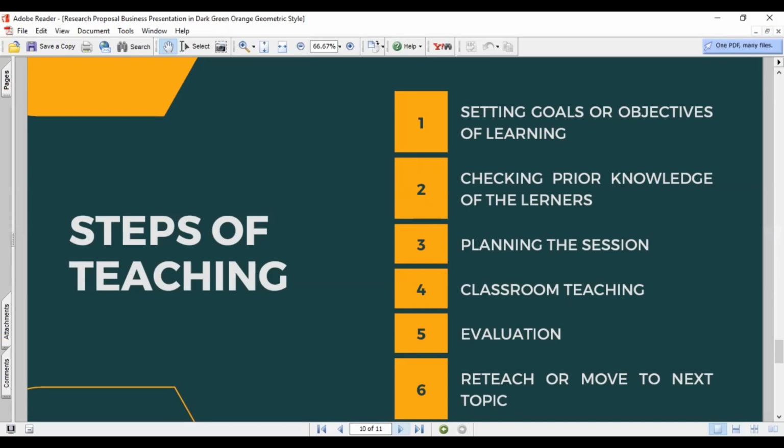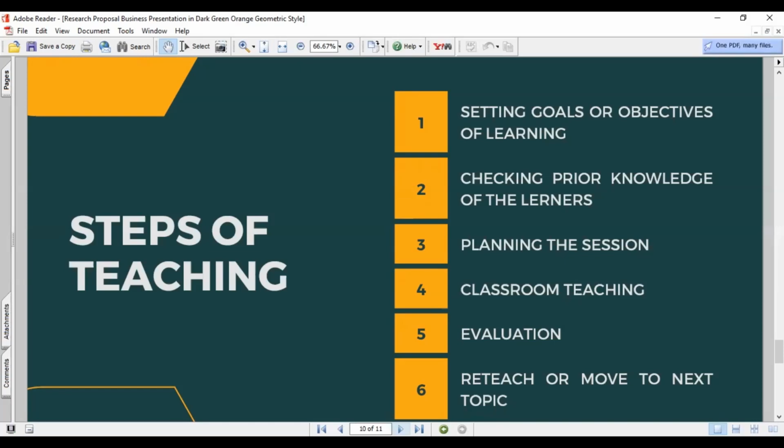Once the goal is set, then the teacher must understand where the learners are coming from, what kind of knowledge base is already there in the learners. So for that, a particular checking can be done, a particular quiz can be done, and there are different ways in which prior knowledge of the learners can be checked.